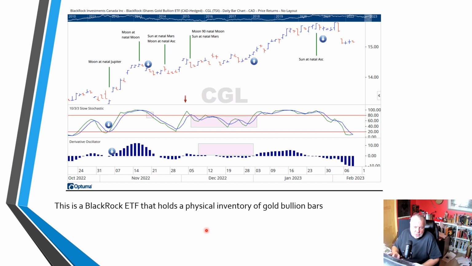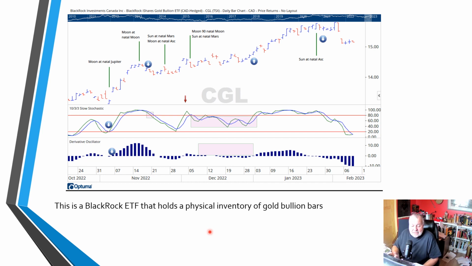If I had to choose between this one and the one that is a basket of gold mining stocks, I'm tending to lean more to this one here. And I'll give you an example. This morning it was announced that I think it was Newmont Mining has made a serious overture to take over Australian mining company Newcrest. Well, the markets apparently didn't like it, and they are punishing the shares of Newmont Mining.